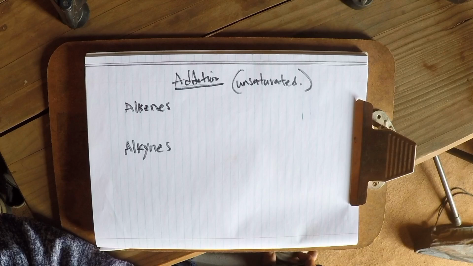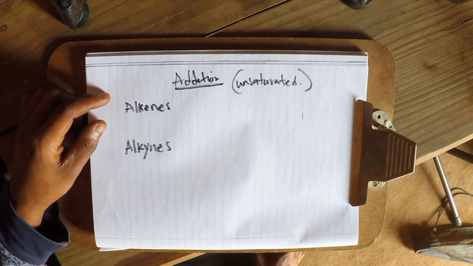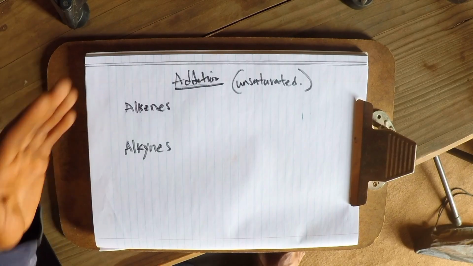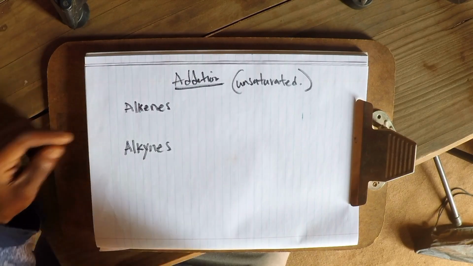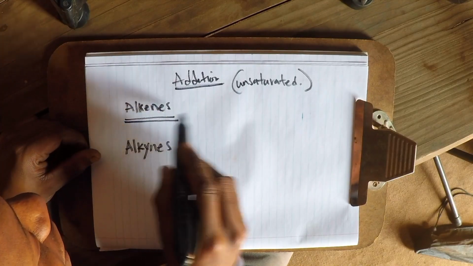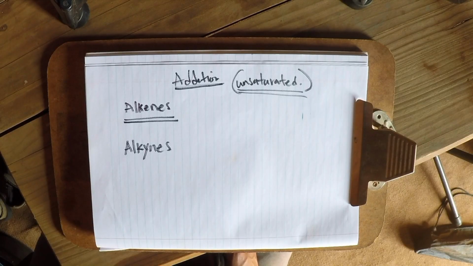Because it's the only way. We're going to focus mainly on the alkenes because that's the one that you will see mostly. The addition reaction happens simply by identifying that the first reactant is an alkene, an unsaturated compound. Therefore, you know that whatever happens next is going to be addition.